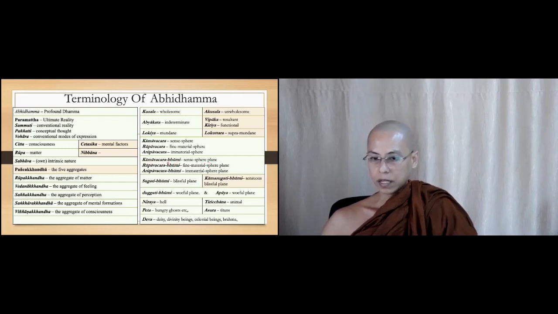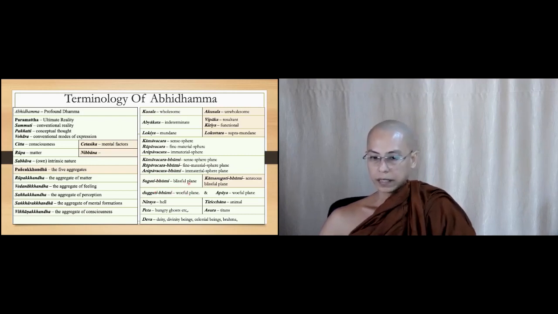So kamavachara bhumi, rupavachara bhumi, arupavachara bhumi are already familiar to us. Then also Sugati Bhumi, Dugati Bhumi. Sugati Bhumi, blissful plane. Su is good. Here Dugati, du is not good. So all awful planes. So Sugati Bhumi and Dugati Bhumi, blissful plane and awful plane.